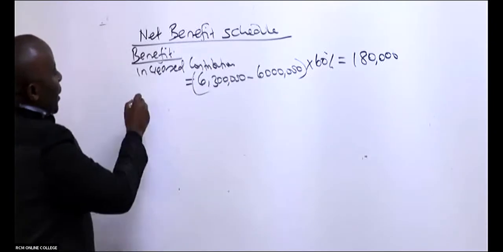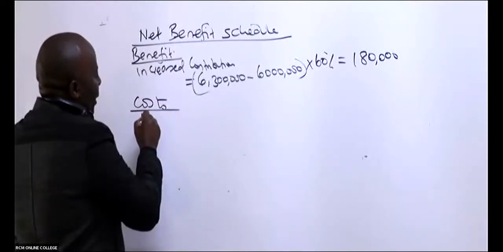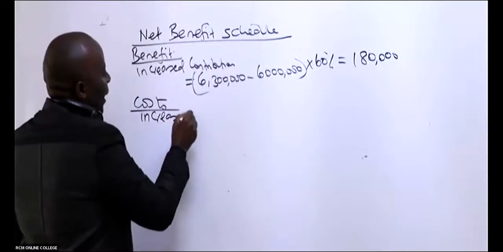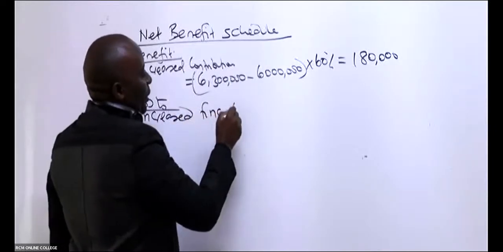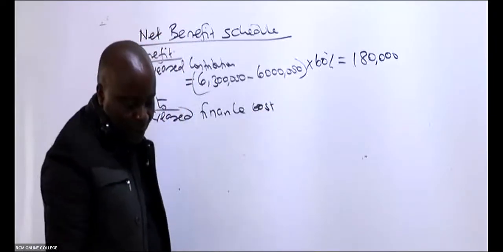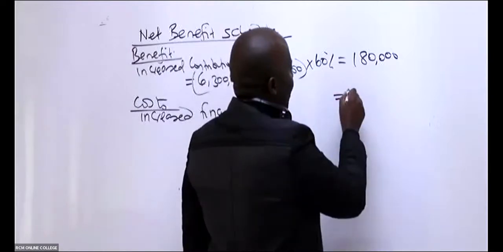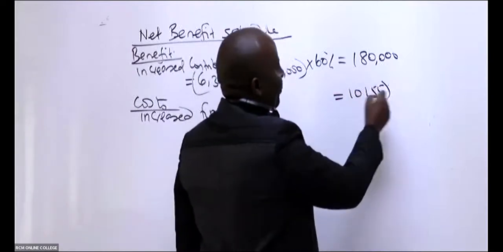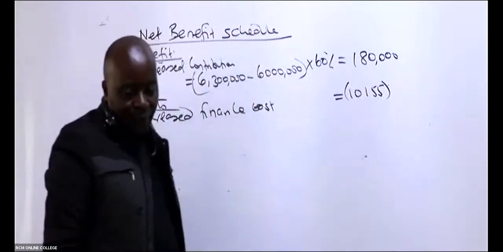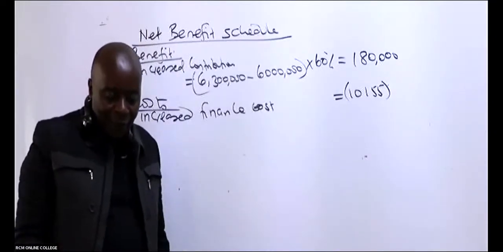So costs, we can see one disadvantage, the increased finance cost, the interest. You gave me a figure of 10,155, isn't it? Yeah, 10,155.